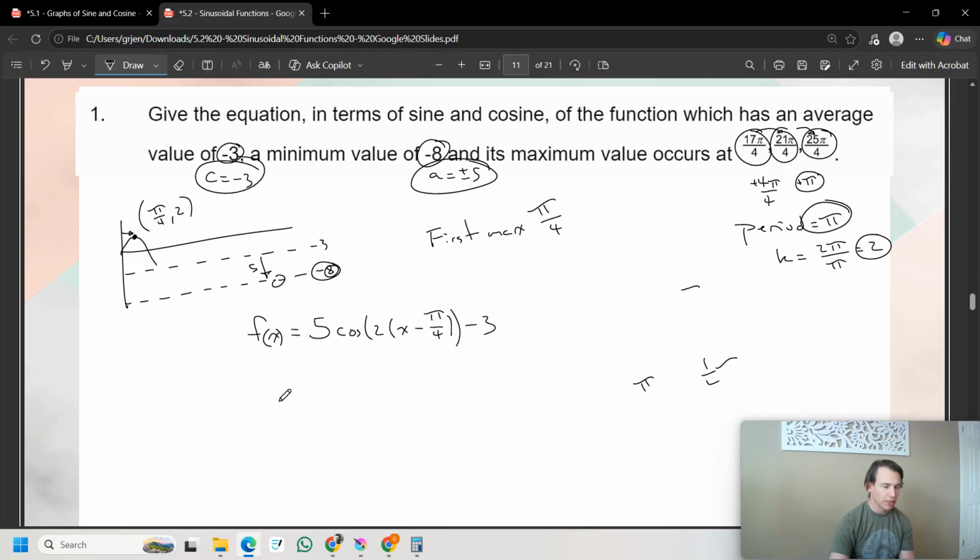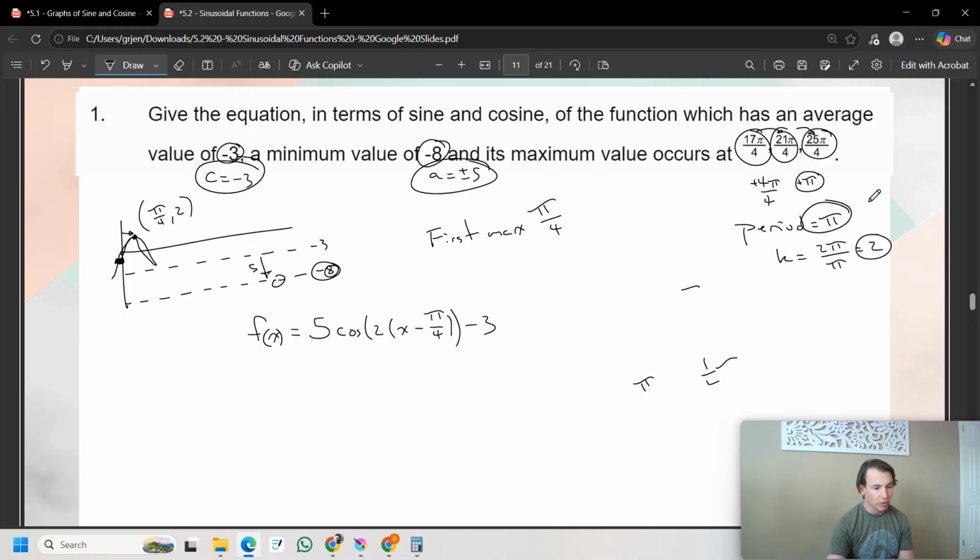Okay. What if we wanted something for sine? Well, my feeling is that we have a starting point for sine somewhere back there. So let's figure that out. Sine would start 1/4 period earlier. Oh, wait, it's not back there, is it? It starts right on the line and goes up.